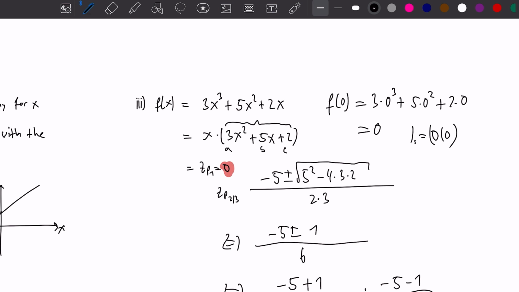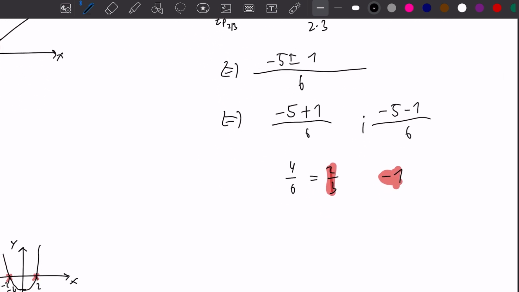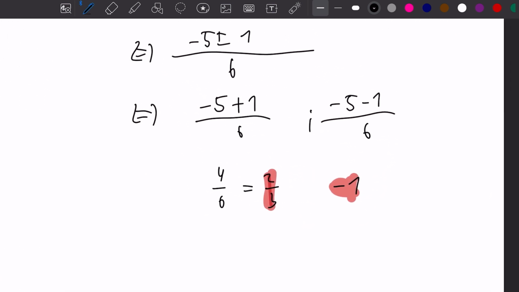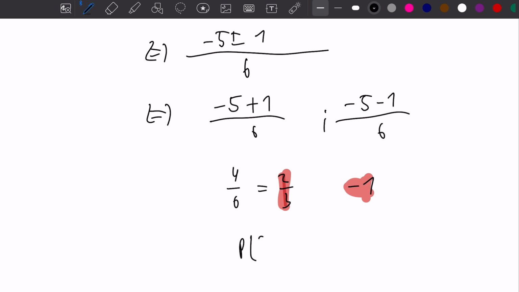Yes, and here it's at point 2/3, 0, and point 2 is at -1, 0.